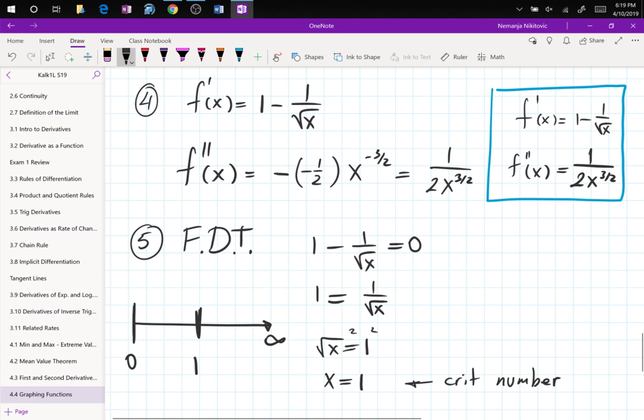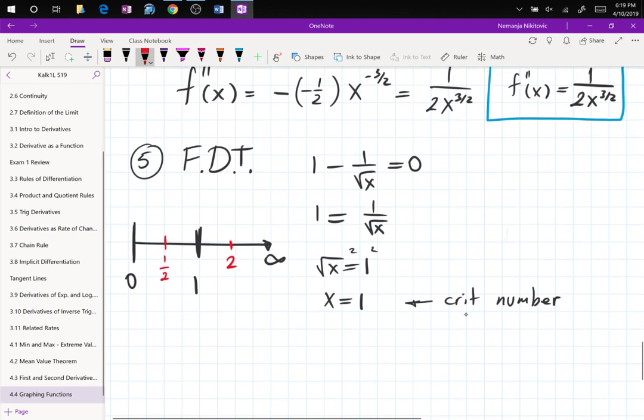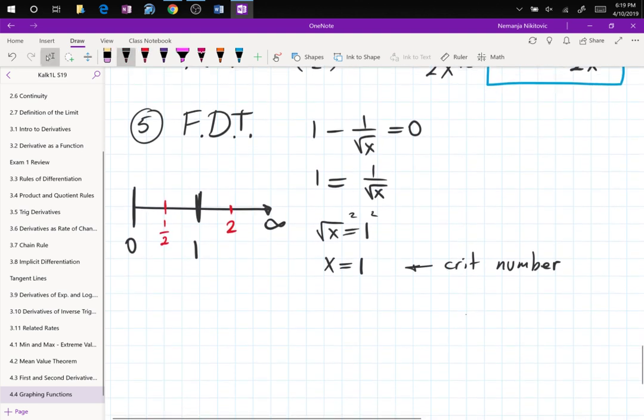This is the reason why you do the domain on the line, so you don't have to waste your time with things that cannot be. Pick the test points, 1/2 and let's say 2, and then work your first derivative test.